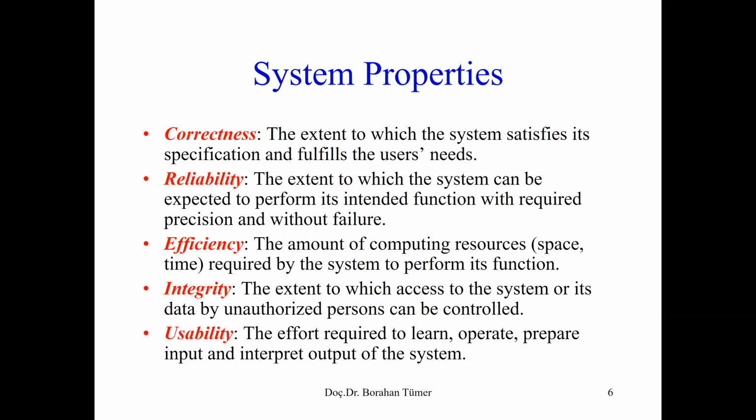You can think that if a system satisfies its specification and fulfills user needs, then it is correct and it is also reliable, because we have defined reliability, specifically in critical systems, as the probability with which the software product conforms to its specification.